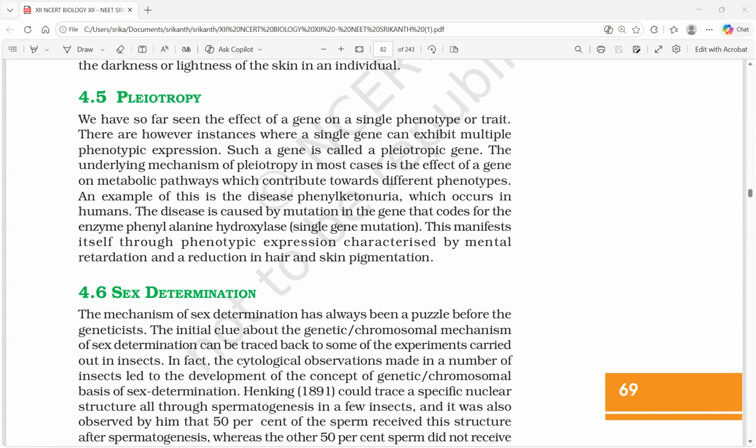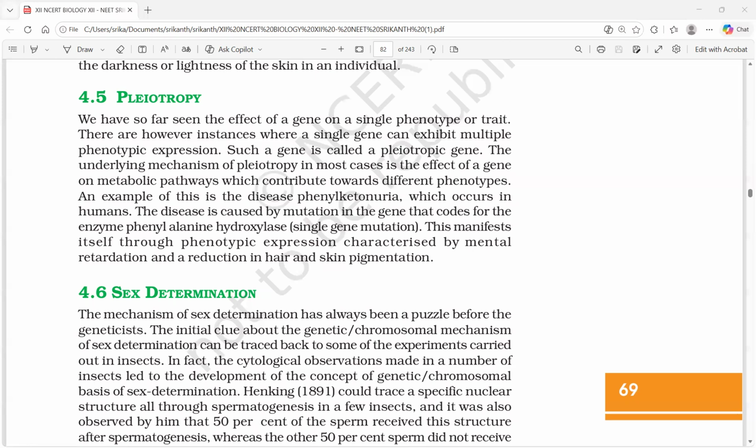The accumulated phenylalanine will be converted into phenylpyruvate, which is very dangerous. When it reaches the brain, it causes mental retardation. Also, when melanin is not formed in the end, that leads to a reduction in hair and skin pigmentation, because tyrosine is the source for melanin.